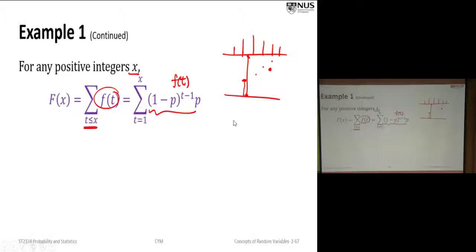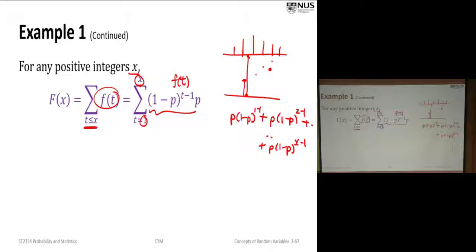So how to do the sum? The sum is summing up t from 1 to x. In other words, you are summing up p times (1 minus p) to the 1 minus 1, plus p times (1 minus p) to the 2 minus 1, and so on until p times (1 minus p) to the x minus 1. I basically write this whole thing in one expression using the summation sign.